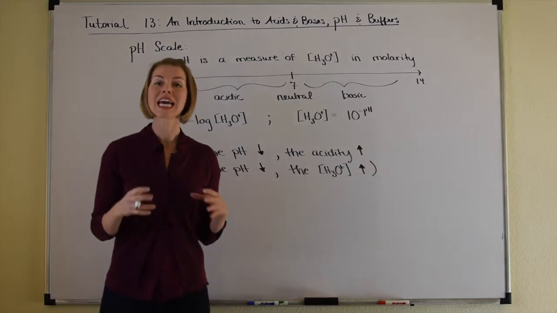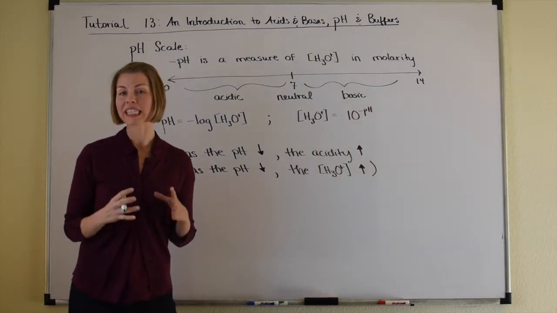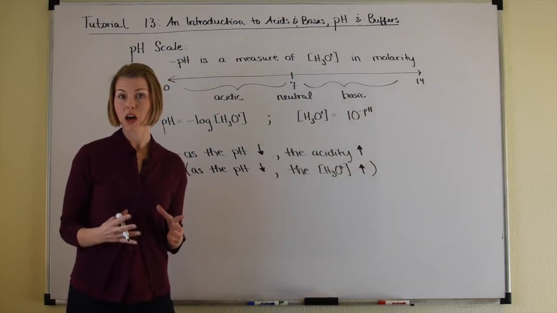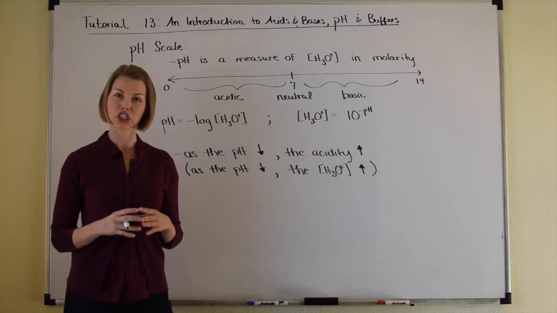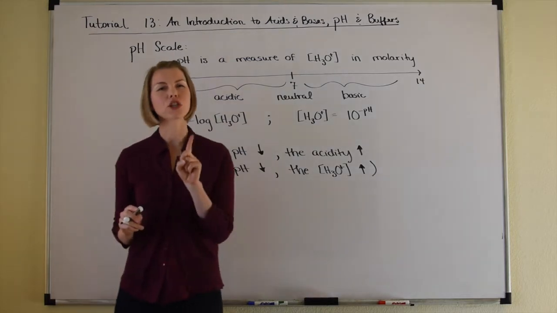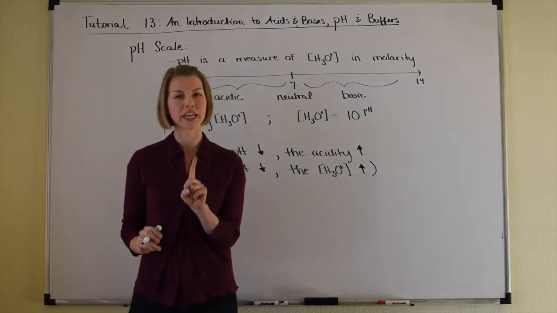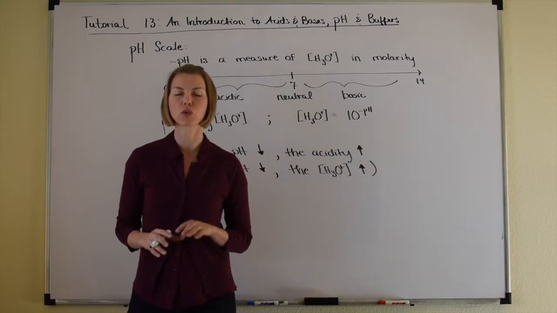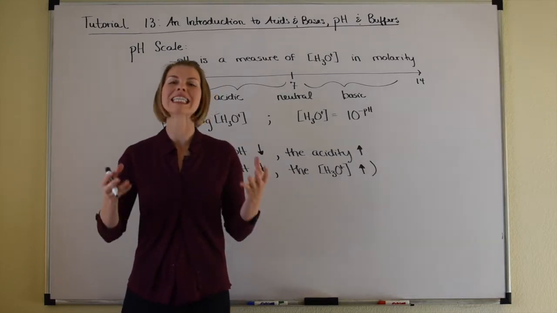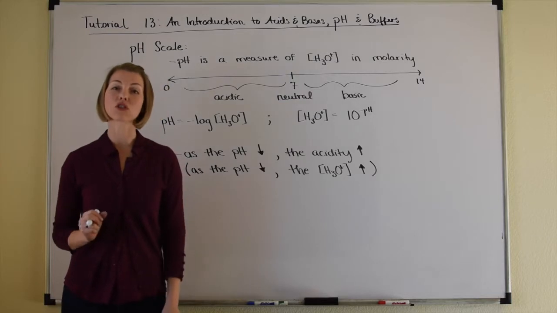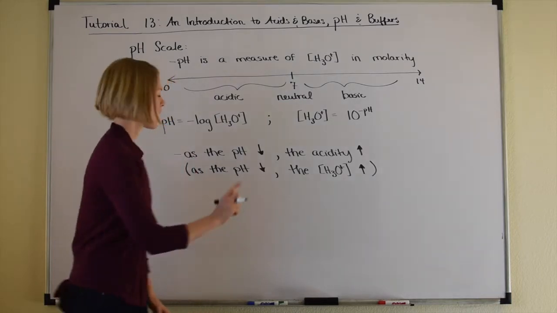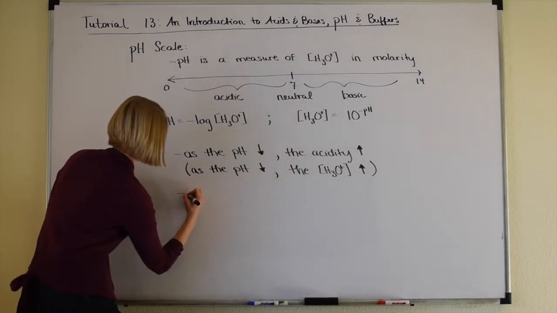Now, because pH is a negative base 10 logarithm of the hydronium ion concentration, a 1 unit increase in pH will correspond to a 10-fold decrease in hydronium ion concentration. I'm going to write that down here.